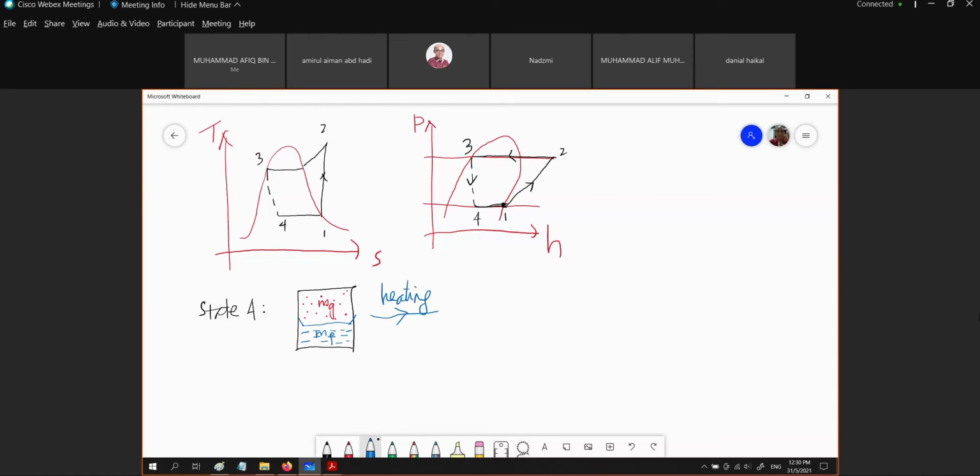can you describe what is actually happening to the R134A? Anyone can explain to me what happened? Anyone can explain what happened when I have this heating process of this state 4? Can someone explain to me what happened?